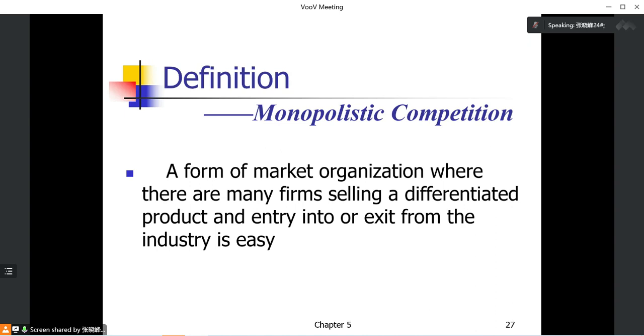First, we should make it clear that monopolistic competition is a form of market organization. The second condition is that many firms are engaged in this market, selling a differentiated product, not homogeneous products.